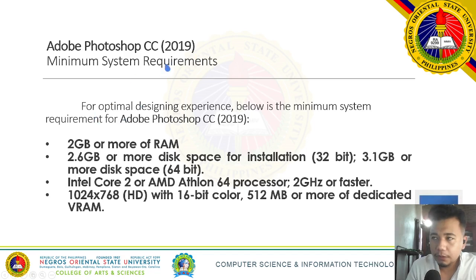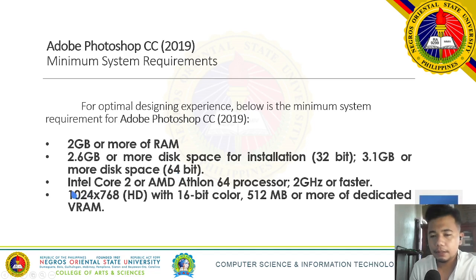So for Adobe Photoshop CC 2019, here are the minimum system requirements for optimal designing experience. First, you should have at least 2 GB or more of random access memory, RAM. And then you should have at least 2.6 GB or more disk space for installation, if you're using a 32-bit operating system, and 3.1 GB or more for a 64-bit operating system.